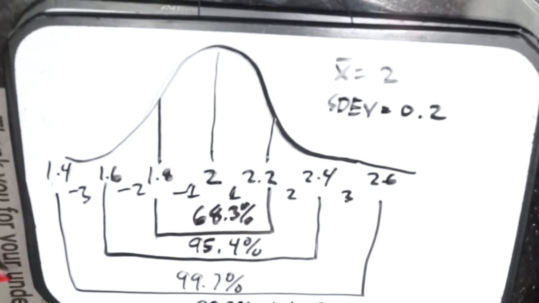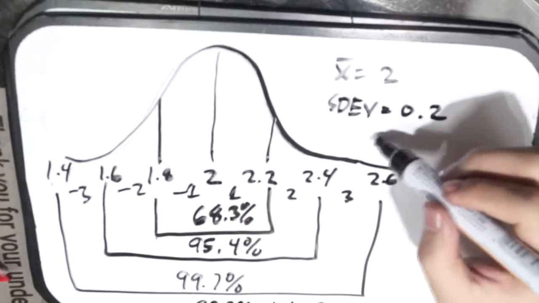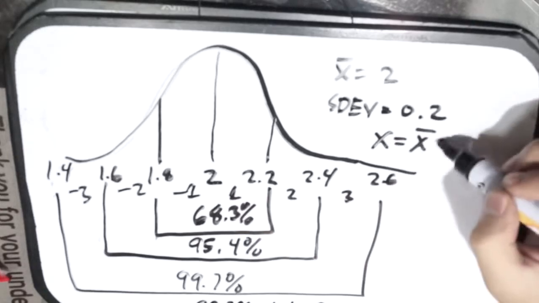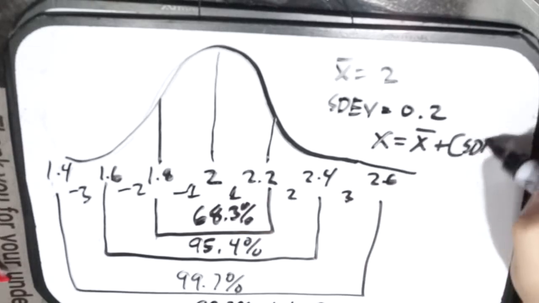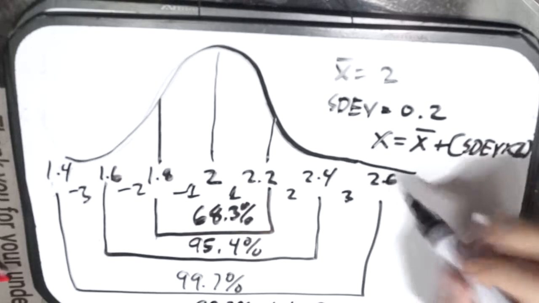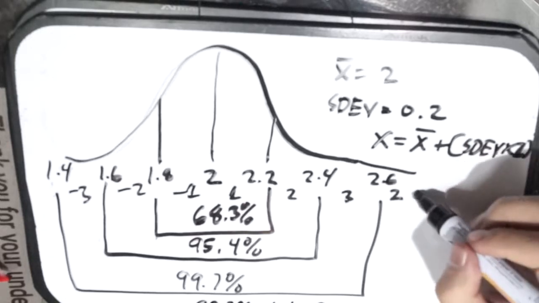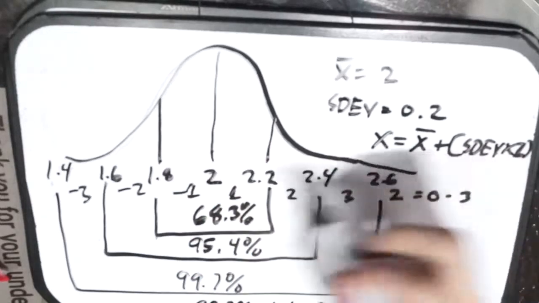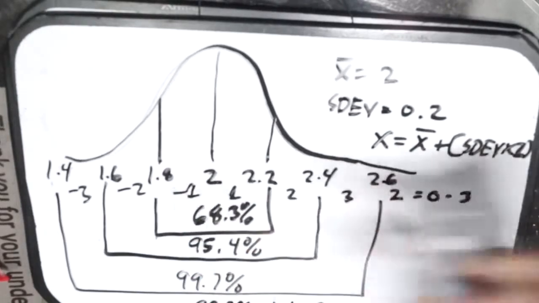A nice formula to put everything together is x is equal to the mean plus the standard deviation times the z-score. The z-score is just a value of 0 to 3. And these are the z-scores right here. These values, 1, 2, 3.